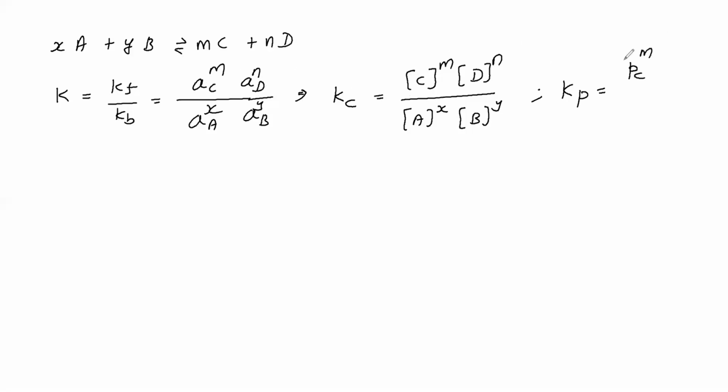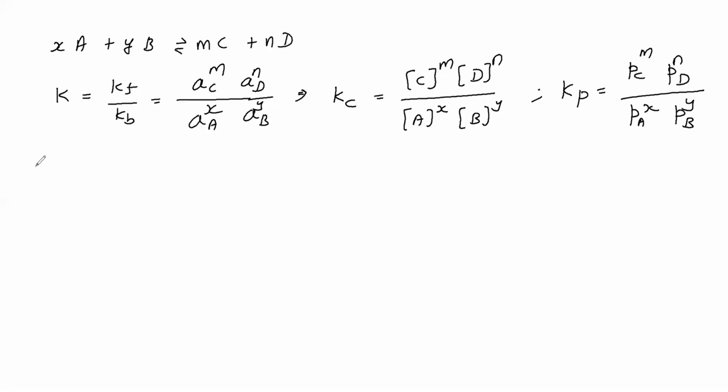Then active mass of D is partial pressure of D power n, by active mass of A, partial pressure of A power x, and active mass of B, partial pressure of B power y. So active mass we replaced by pressure. This is the equilibrium constant in terms of pressure.